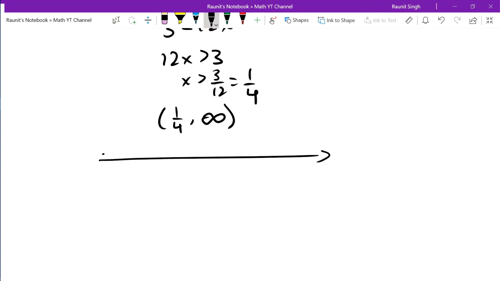And then let's draw the number line. We're not going to be in the negatives, so I will put the 0 closer to the left. 1, 2, 3, 4, 5, that should be good enough. Okay, so 1/4 is 0.25, which puts it somewhere around here.